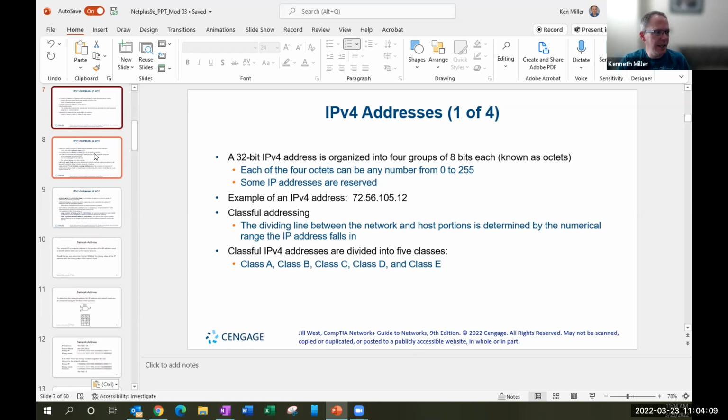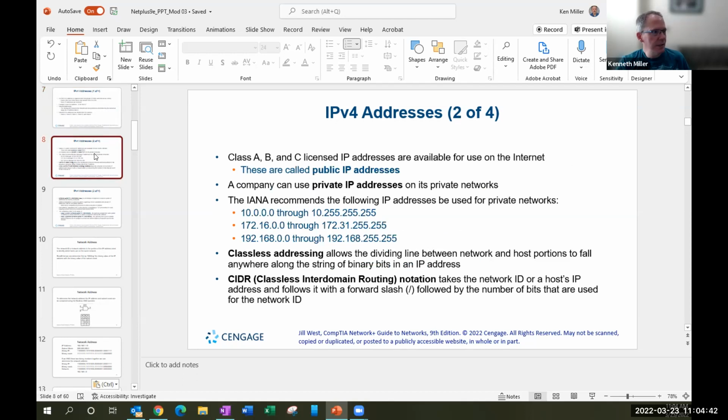Class A is where the first number in the dotted decimal will be from 0 to 126. Class B will be from 128 to 191. And then class C will be from 192 all the way to 223. And then class D is 224, and then everything else is experimental or class E.